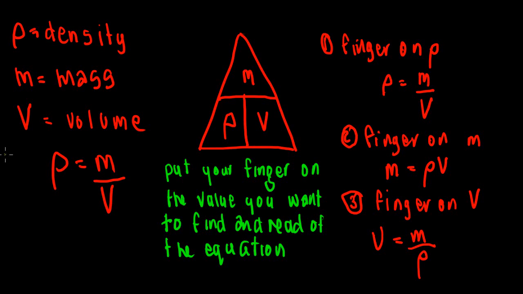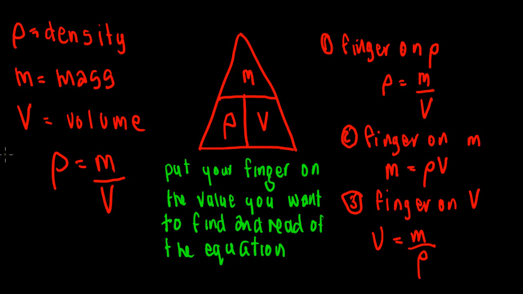There is a little way that some people find quite easy to remember the various configurations of the formula, how to rearrange the formula so that you can get out each of the three features.